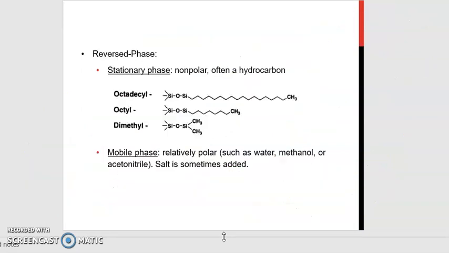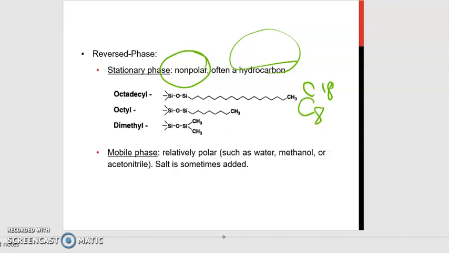And for reverse phase, your stationary phase is non-polar. Normally hydrocarbon, for example, octadecyl ni C18 maksudnya carbon dia ada 18. Octyl, C8. And we also have dimethyl, 2 carbon lah.